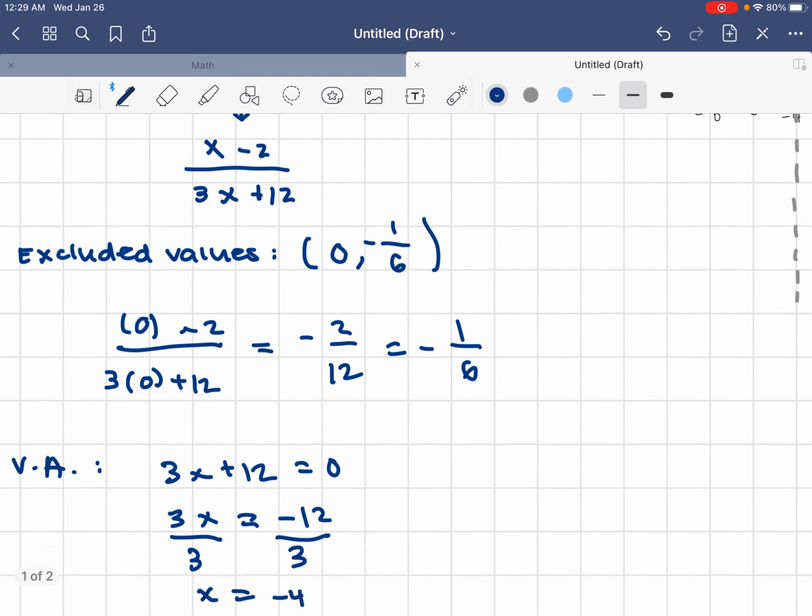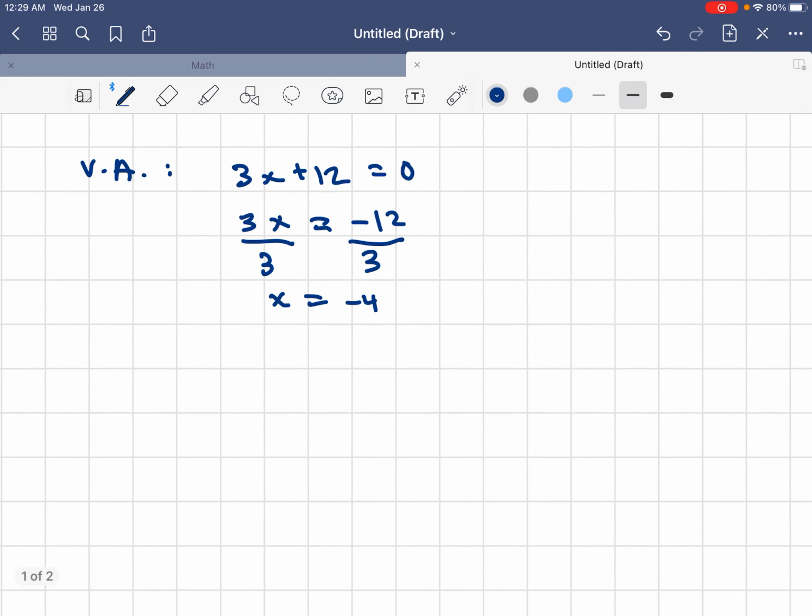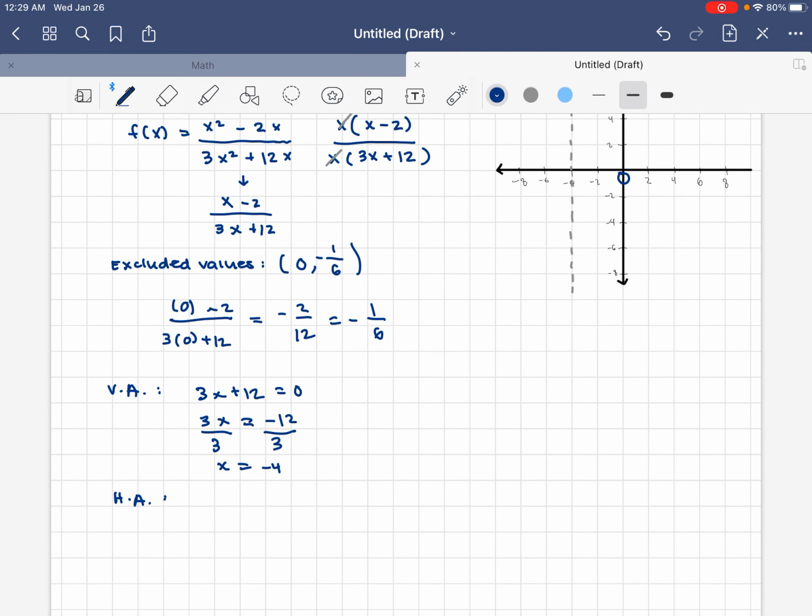Okay, so now that we have a vertical asymptote, we also need to find our horizontal asymptote. So for horizontal asymptote, when the degree of the top and the bottom are the same, so we can see here the degree is the same, right? So we're going to take the coefficient of our numerator, which is 1, and put it over the coefficient of our denominator, which is 3.